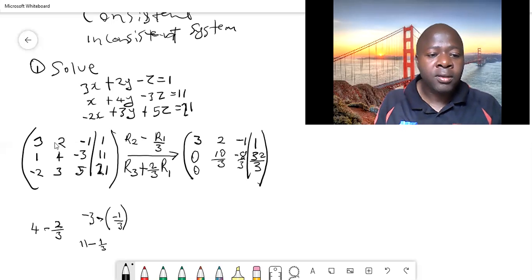2 over 3 of this will be 4 over 3. 4 over 3 plus 3 will be 13 over 3. Okay, we are here. 2 over 3 of this will be negative 2 over 3, added to 5, you get 13 over 3.